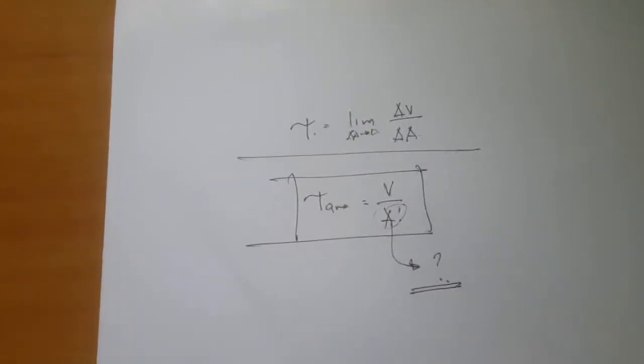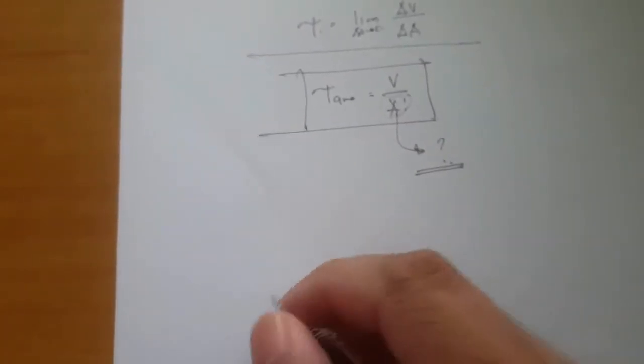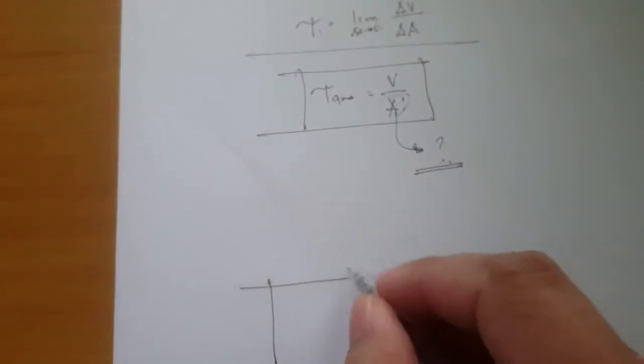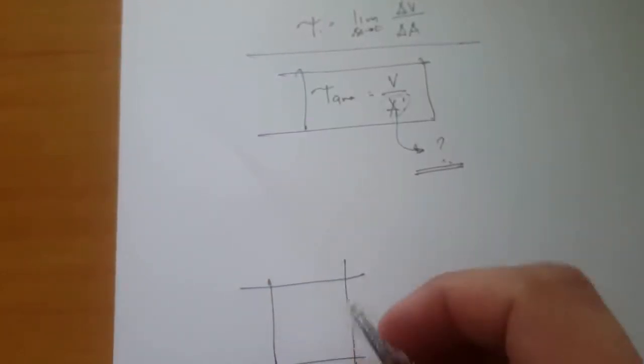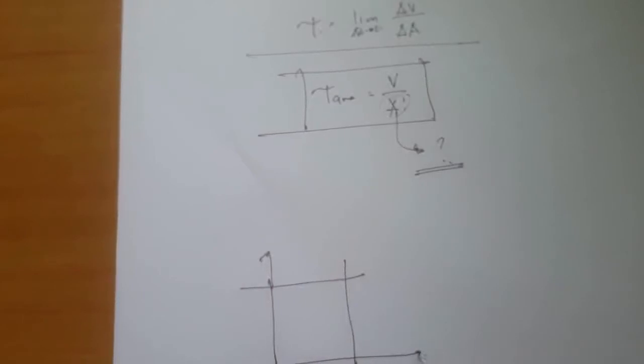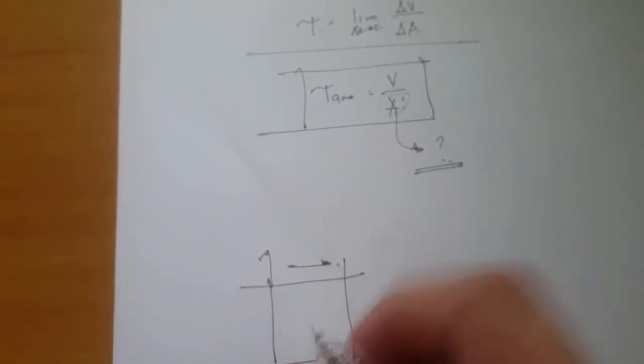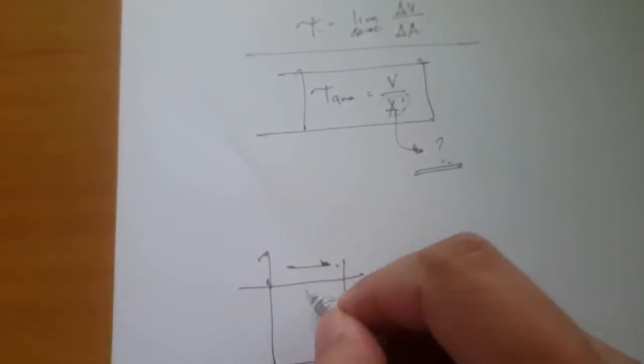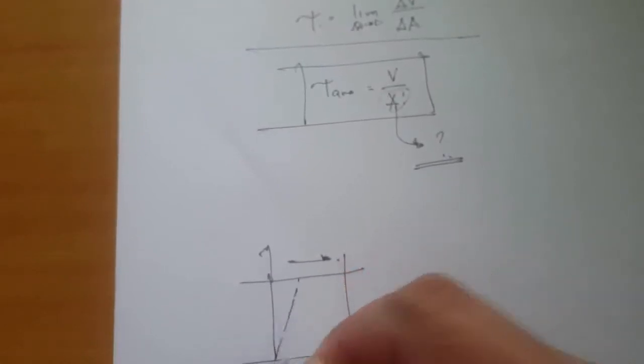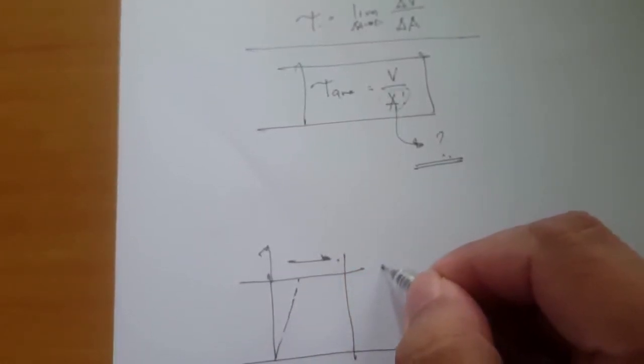Now for the shearing strain. We have right here, for example, an undeformed element. Once you apply a force, this element will deform, let's say something like this.